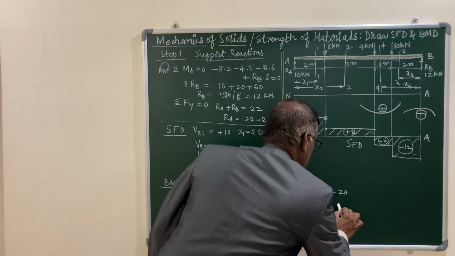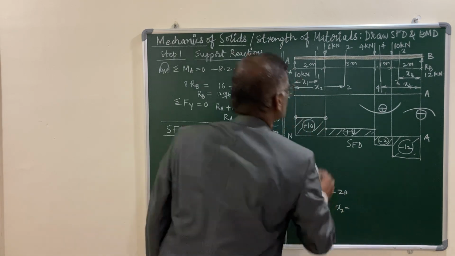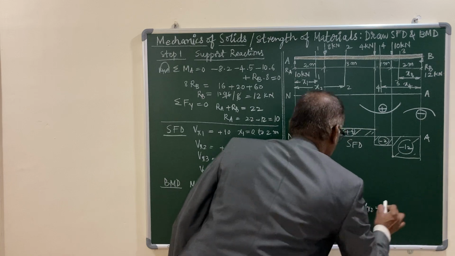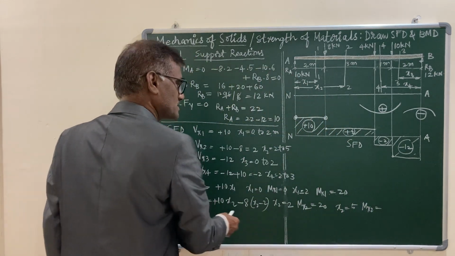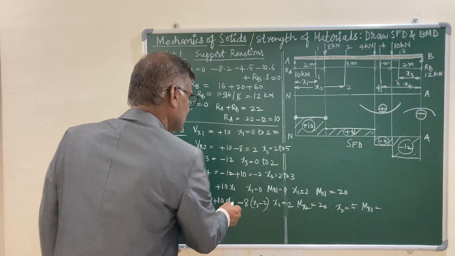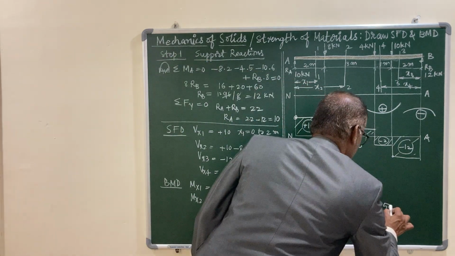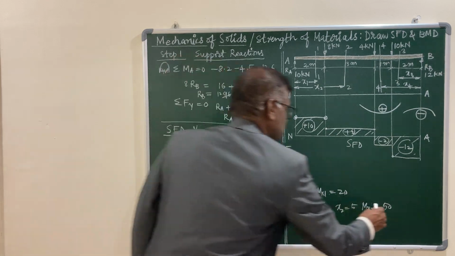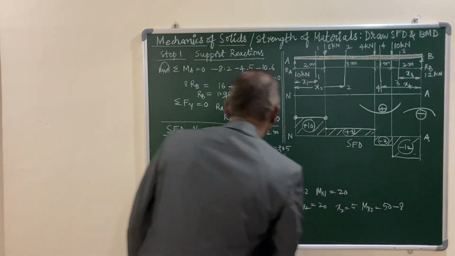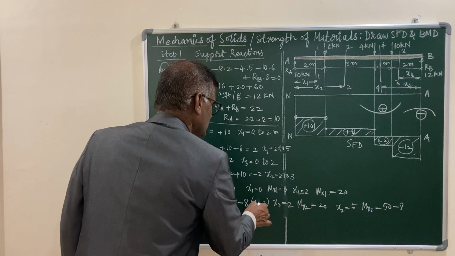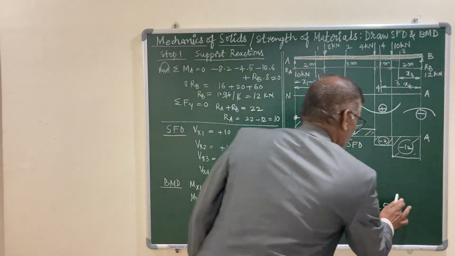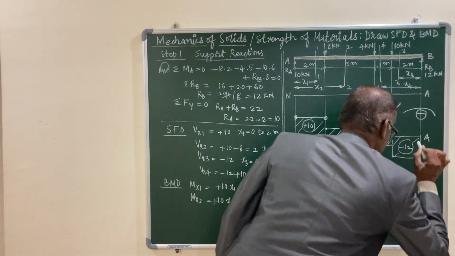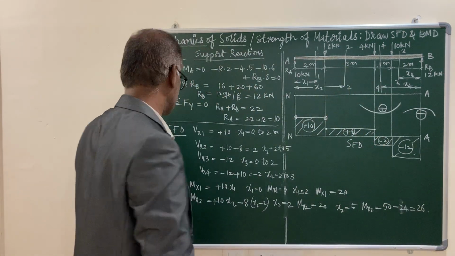And when you substitute the other end, x2 is 5, Mx2 becomes 10 into 5, that is 50, minus 8 into 5 minus 2, that is 3, 3 8s are 24. So this value is 26. You got 26.